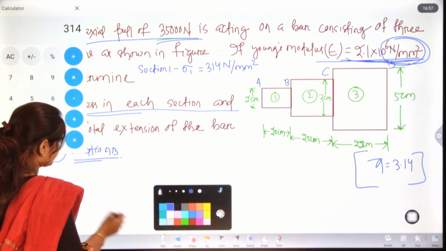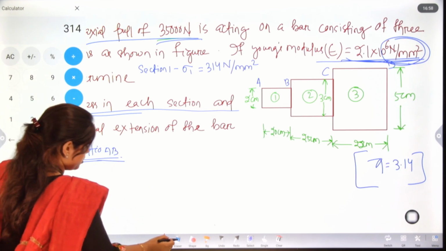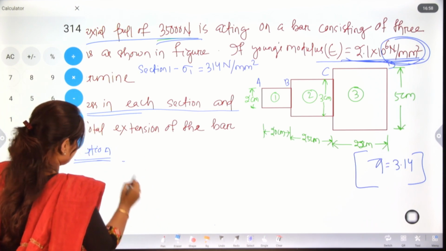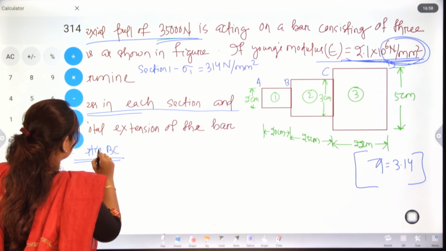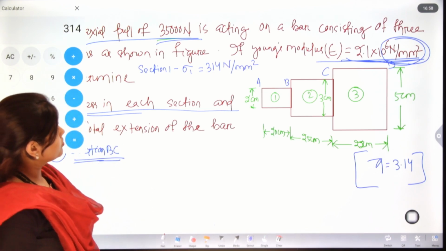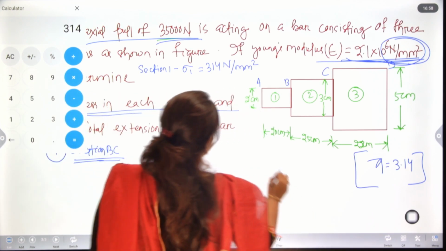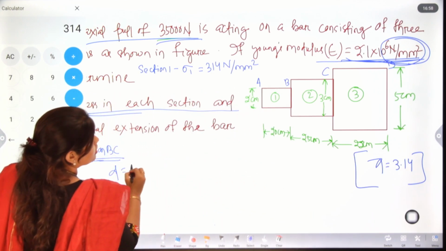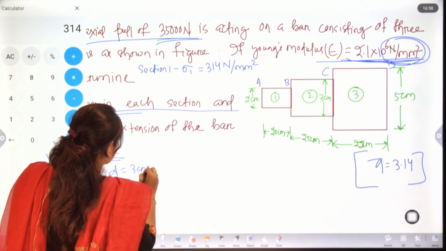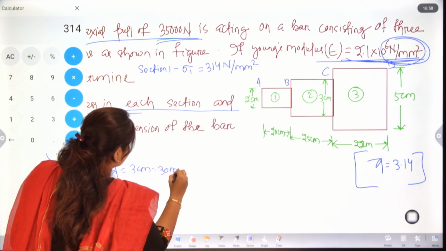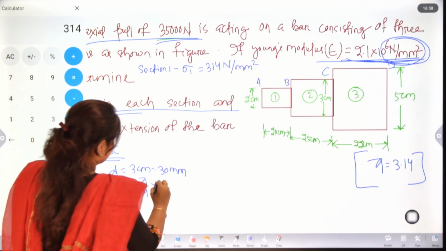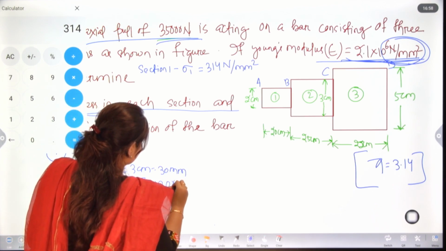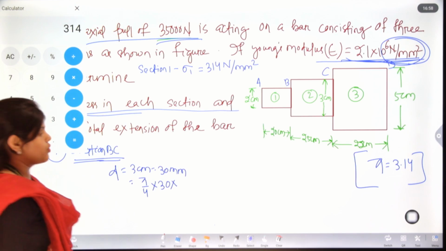For section BC, here the diameter is given as 3 centimeter, that is equal to 30 mm. We can take pi by 4 into d square, pi by 4 into 30 square.